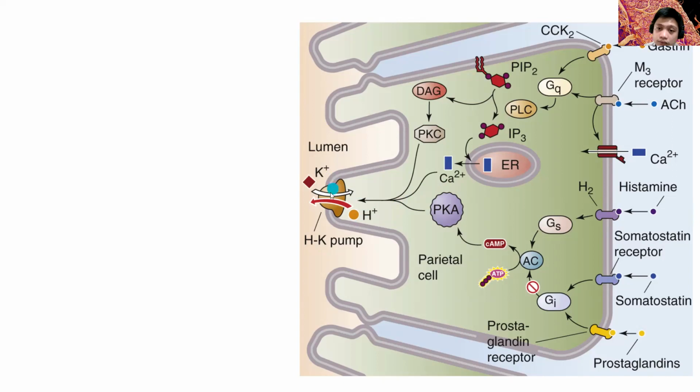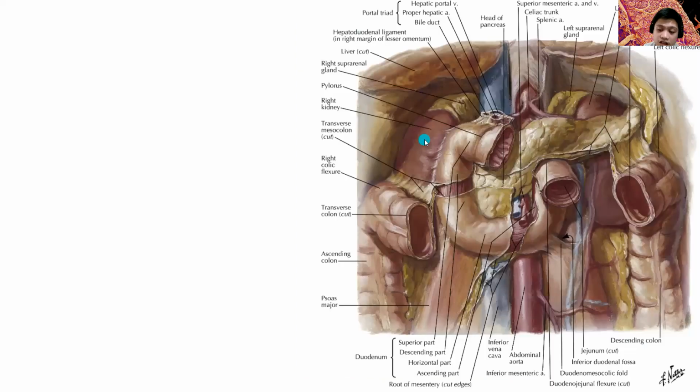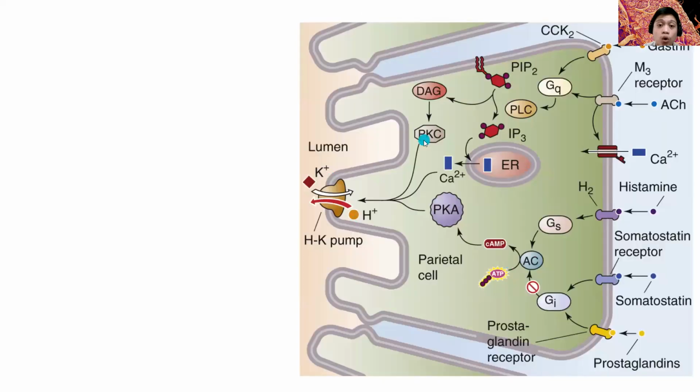Okay, so that happens through this intracellular signaling. But at the end of the day, I want you to think it's the calcium. And that calcium will then activate your protein kinase C, which will then cause an increase in the number of proton pumps.